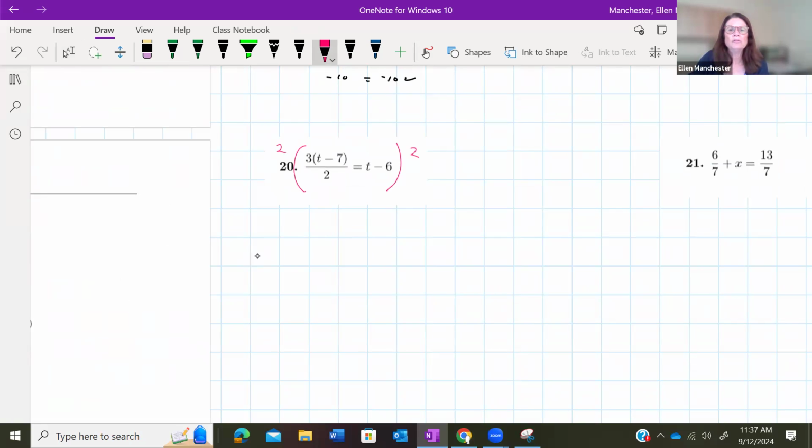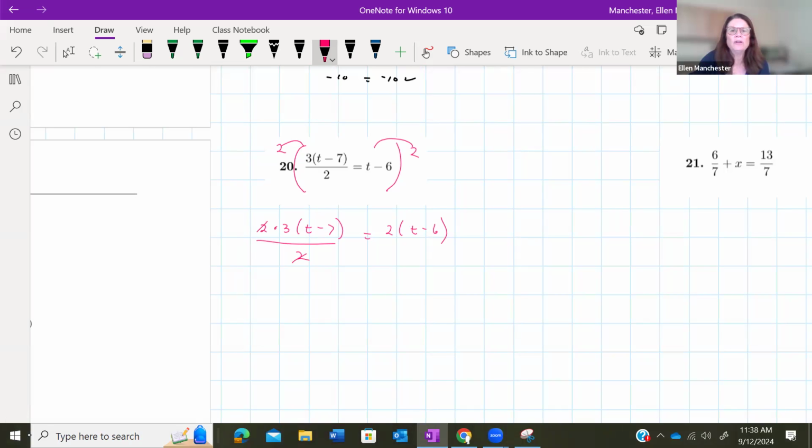If I multiply everything through by 2, I go 2 times 3 times (t minus 7) over 2, and then 2 times (t minus 6). You can see that the 2 cancels.